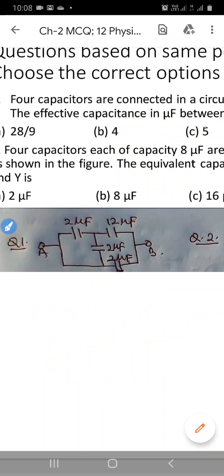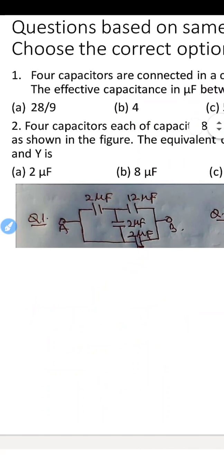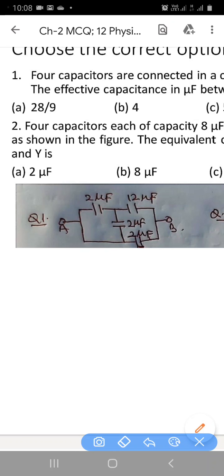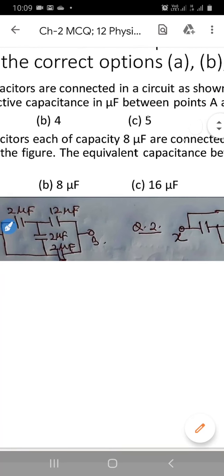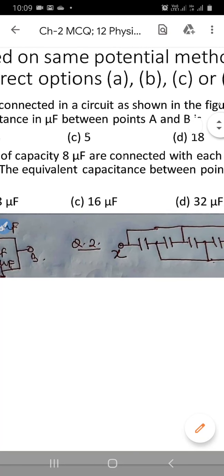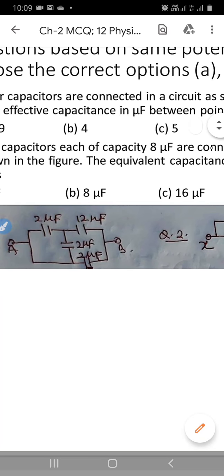So answer for this is option C, 5 microfarad.